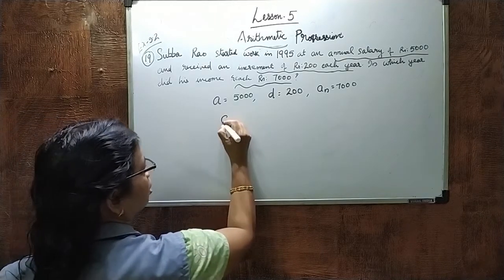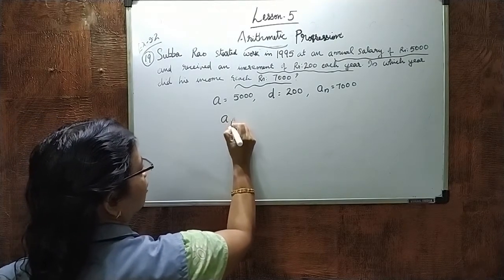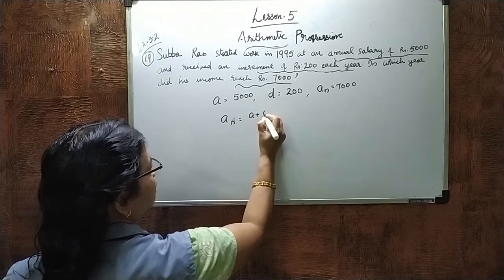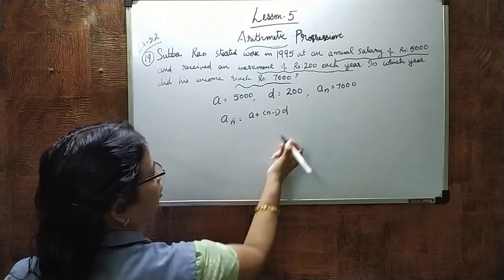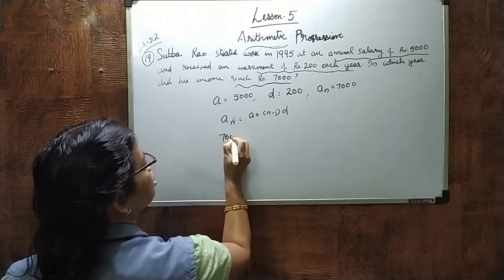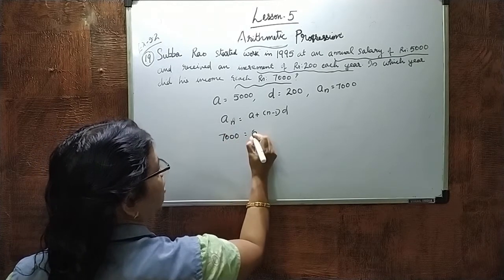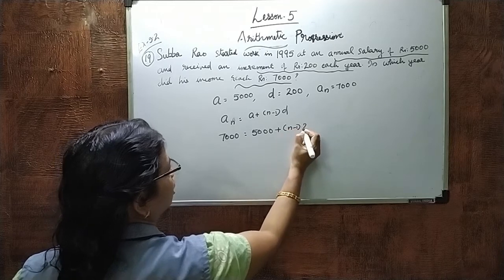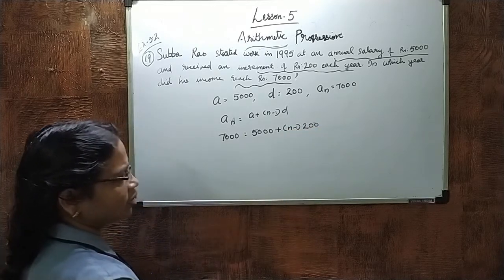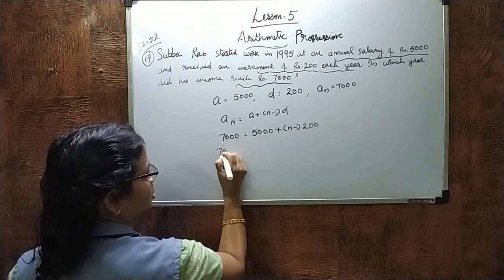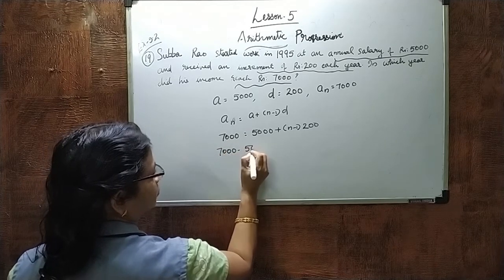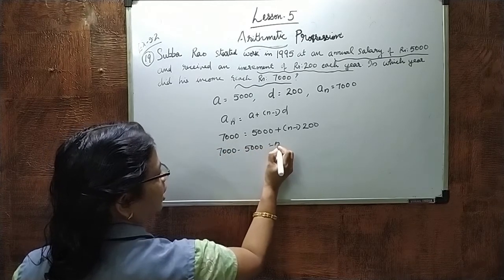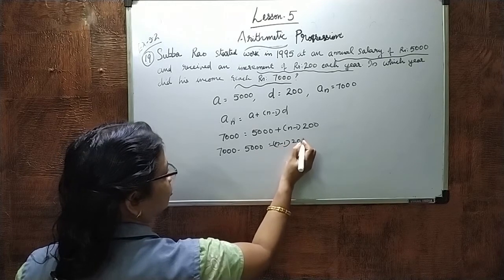So substitute all these things in the formula. AN is equal to A plus N minus 1 into D. AN is 7,000 equals A is 5,000 plus N minus 1 into 200. Then 7,000 minus 5,000 equals N minus 1 into 200.